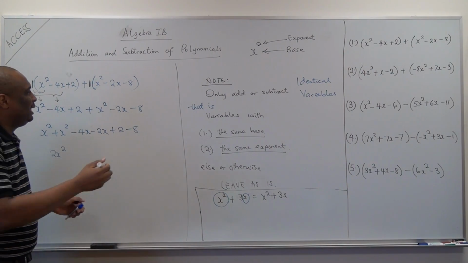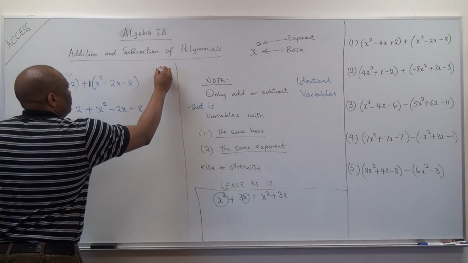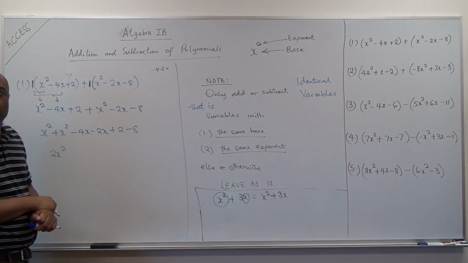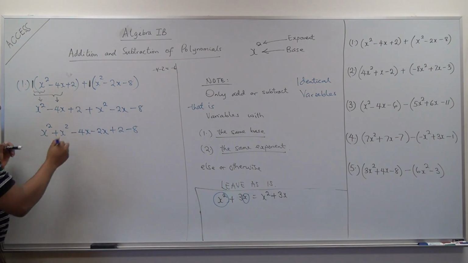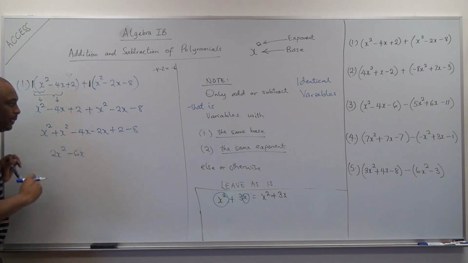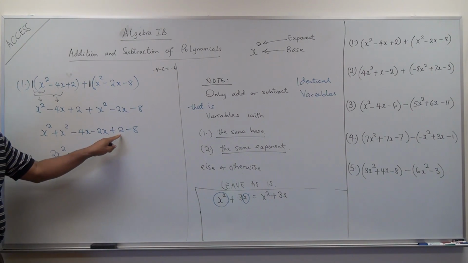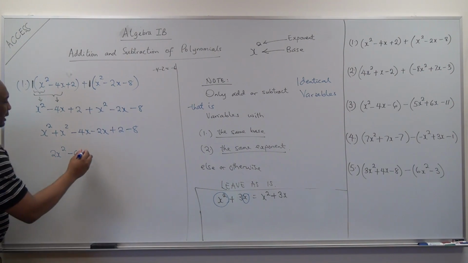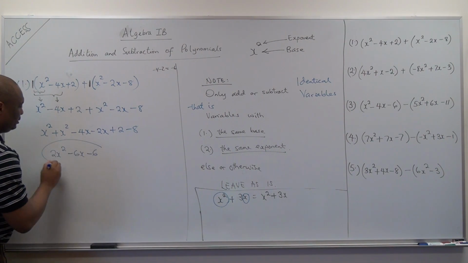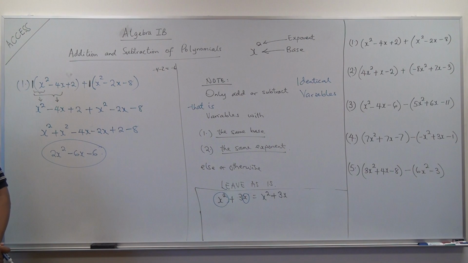It's just like doing -4, -2. You owe 4, you owe 2. That means you owe 6. So that's the same thing here: -6x. And then here you have 2, you owe 8. You have $2, but you owe me $8: -6. And that becomes your answer for number 1.